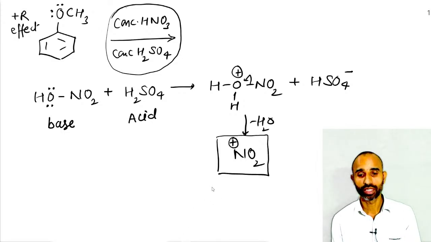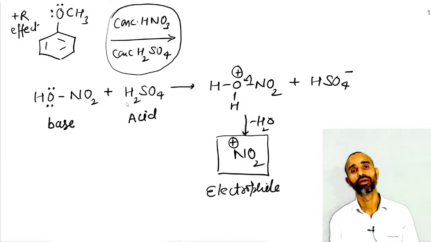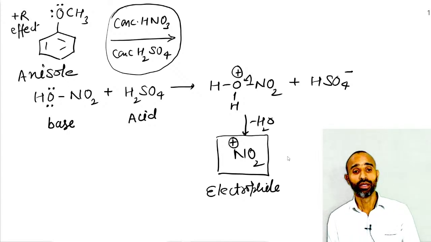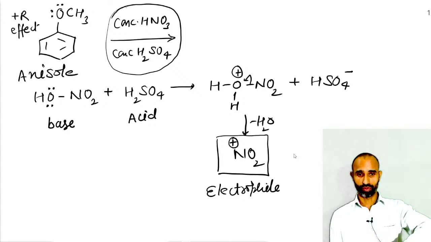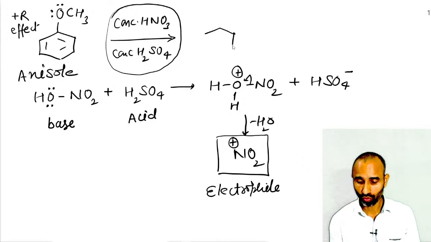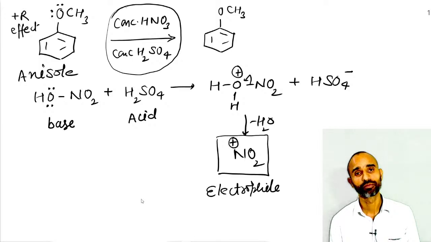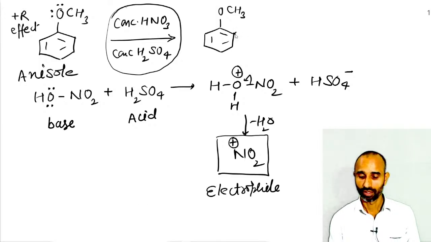So this is the electrophile which will attack the anisole. Methoxybenzene is called anisole. With respect to the OCH3 group, the methoxy group, where will NO2 positive attack?